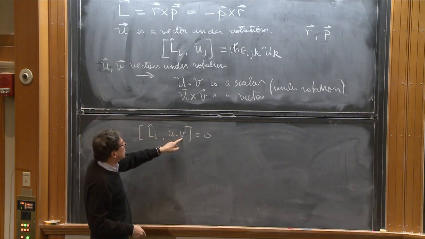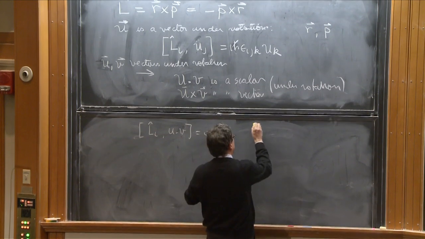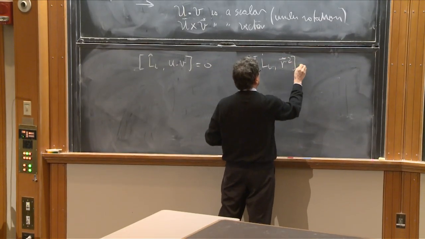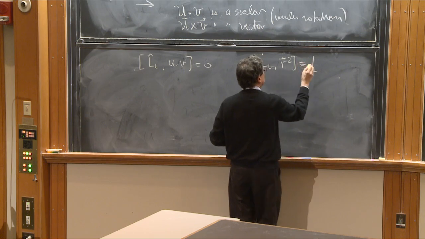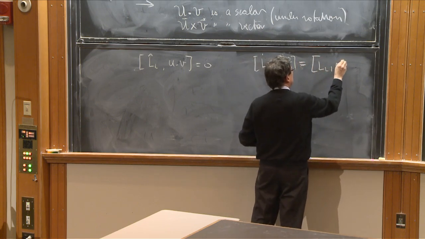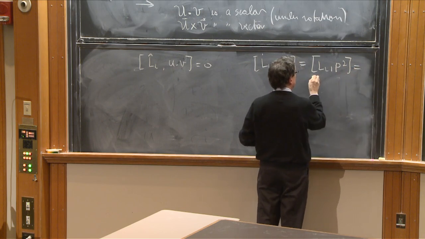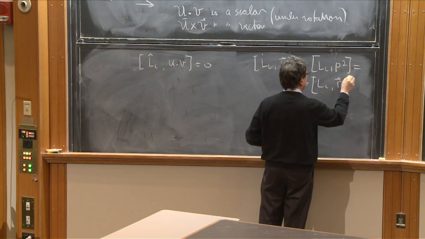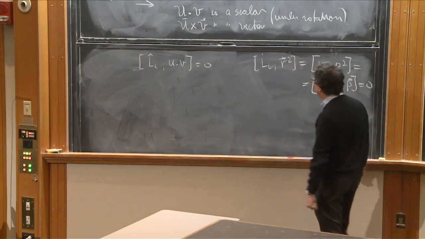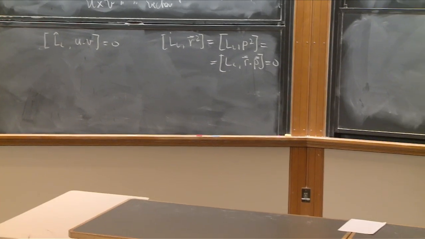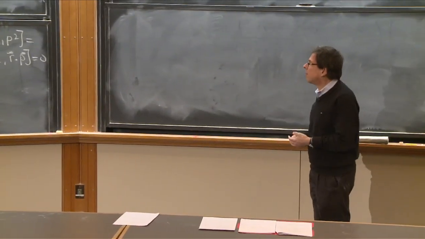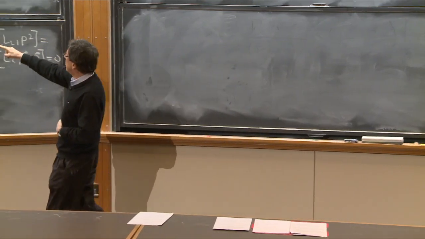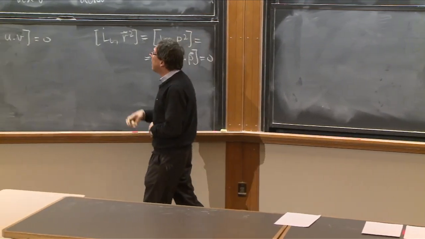So what do you conclude from this? That Li commutes with R squared, with P squared, and with R dot P; they are all 0, because R and P are vectors under rotations, so you don't have to compute those anymore.